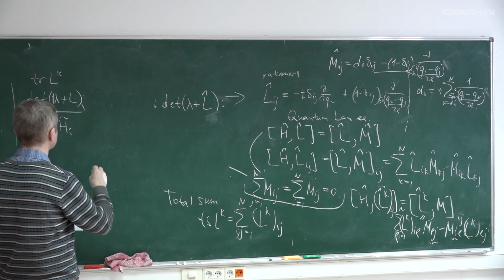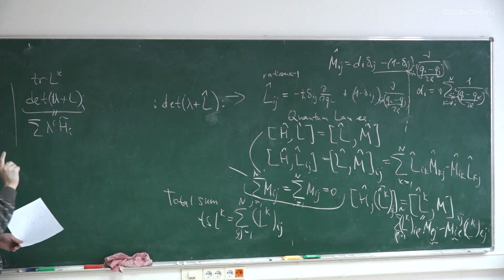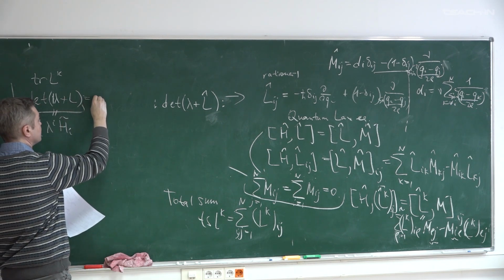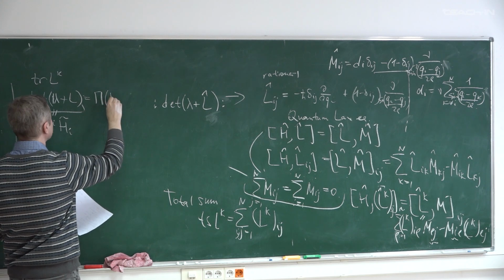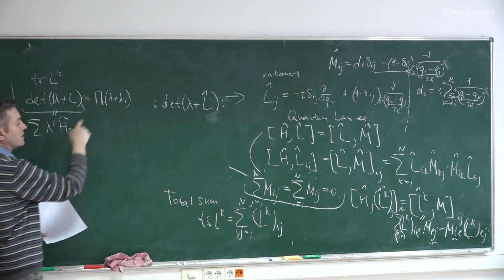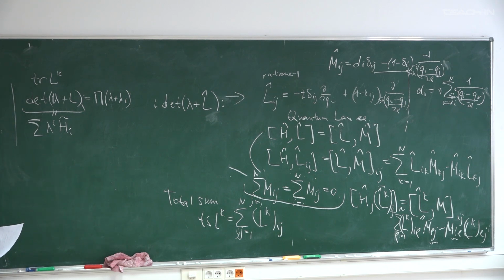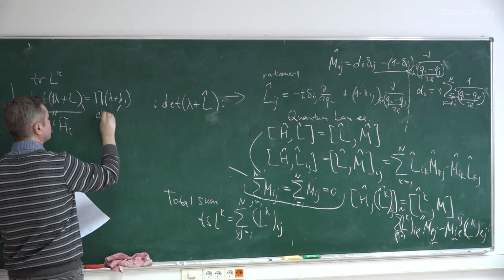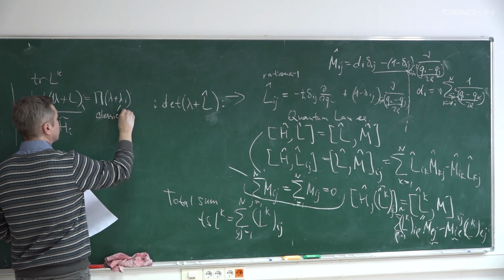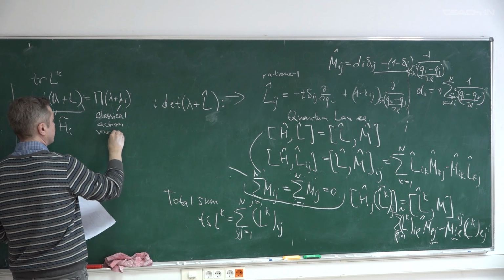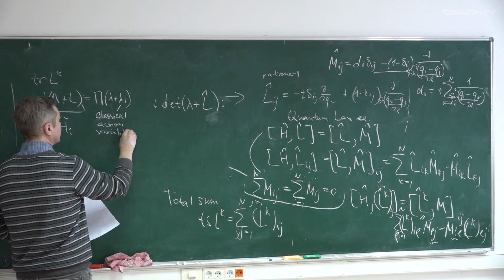Yes, and just let me also mention that this determinant is equal, in fact, to the product of lambda plus lambda I, where lambda I are eigenvalues of this Lax matrix. So these are just classical action variables.